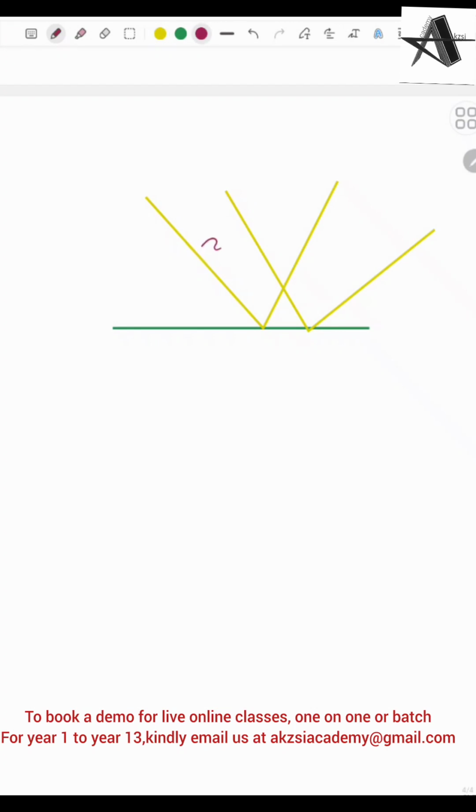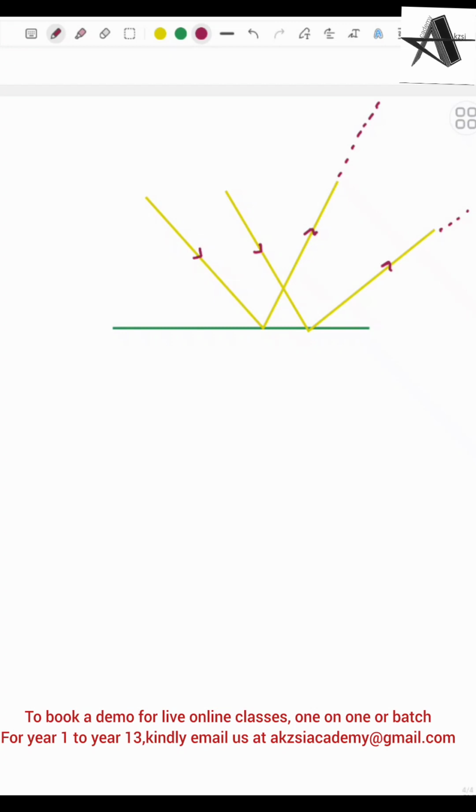Incident, reflected, incident, reflected. So the reflected rays have to meet to form an image. If I extend them, they keep on moving away from each other. They are diverging, so they cannot meet. Then will the image form? In that case, still the image will form.